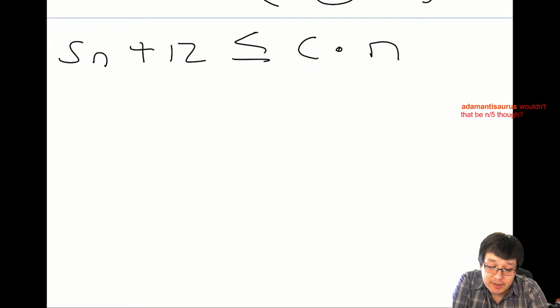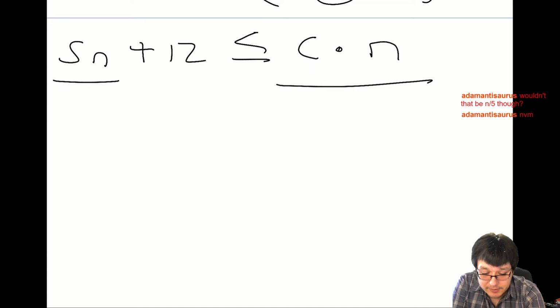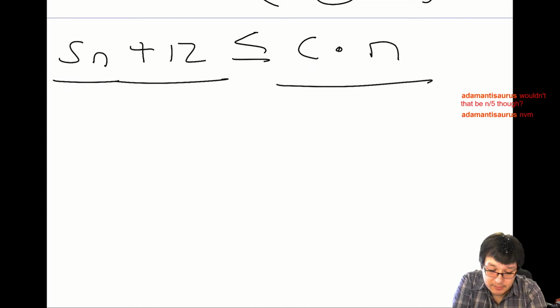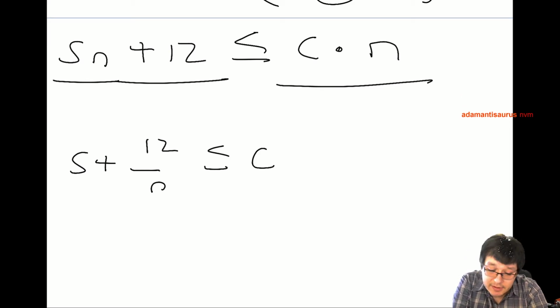So if I factor the n out here, then I'm going to get 12 divided by n. You see? So I divide everything by n. I am going to get 5 plus 12 divided by n is less than or equal to c. Hey, actually that might make things a little bit easier.